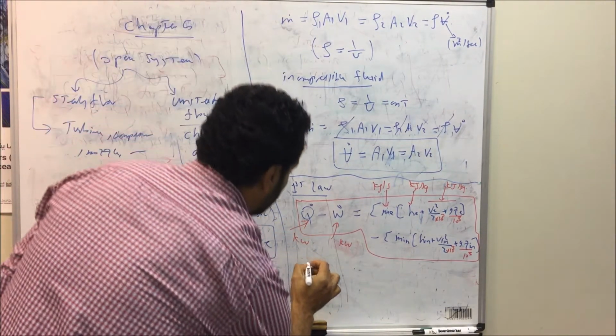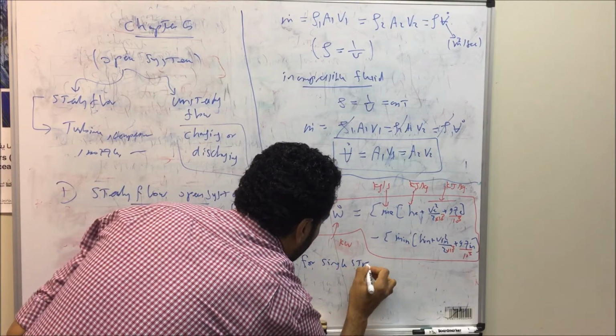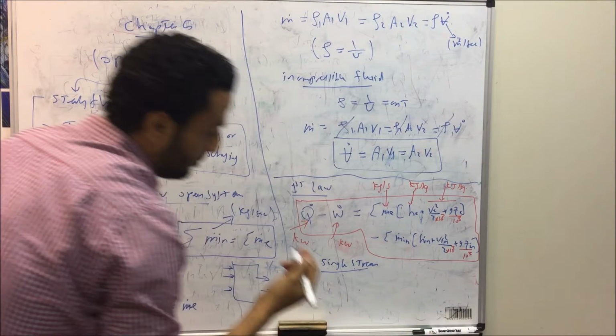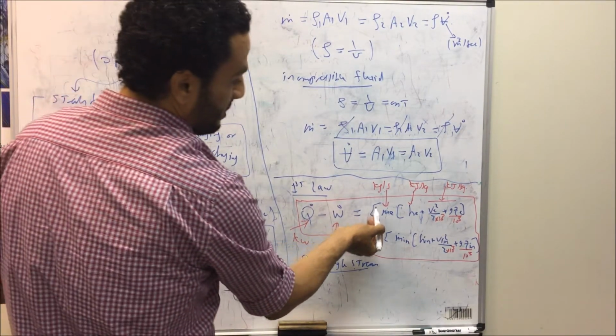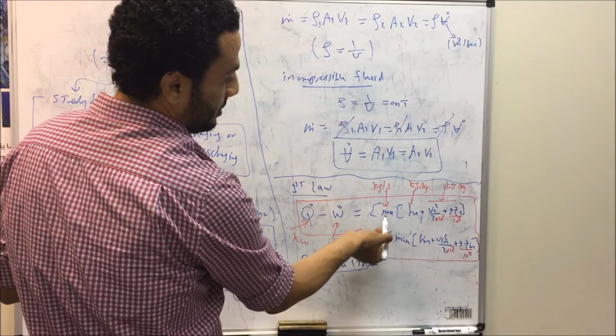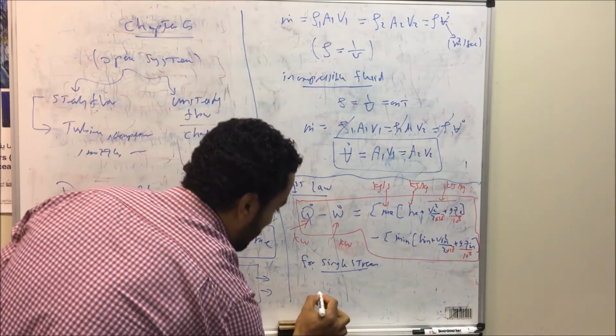But in case we have a single stream, like when we have a nozzle, turbine, or compressor, all of these devices have only a single stream, so we can remove this summation. With a steady flow, m dot inlet is the same as m dot outlet, so we can take it as common.